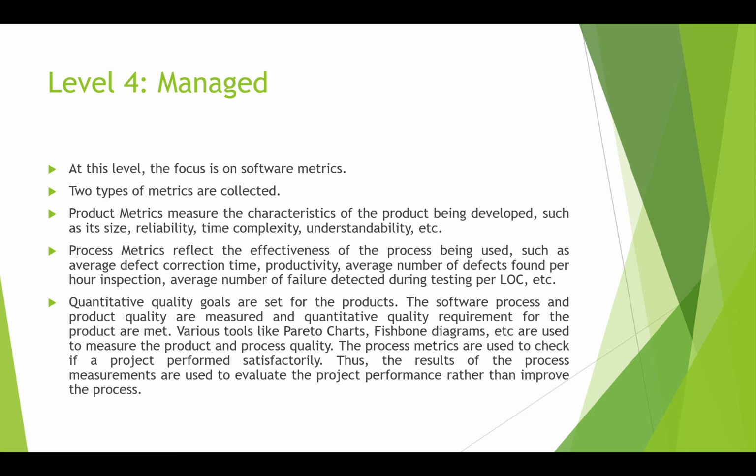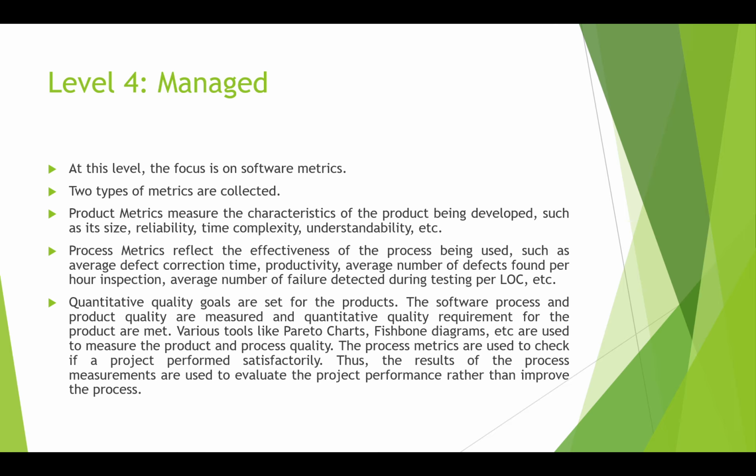LOC means lines of code, not lines of control. It is lines of code, where you can check whether the process is going on in a better way or not. What is the turnaround time, something like this goes under the process metrics, and the other goes under the product metrics. So there are two metrics used in this level: one is product and another is process metrics.